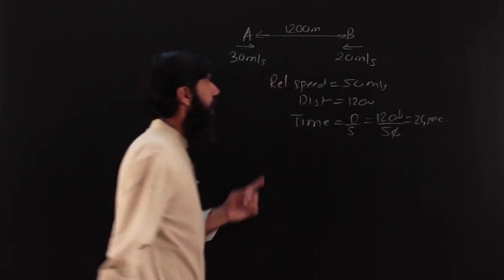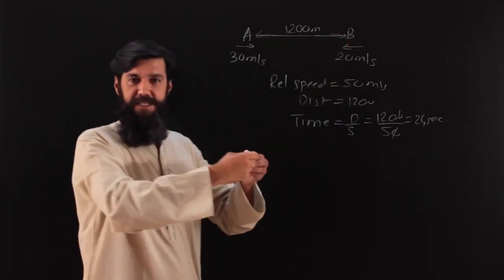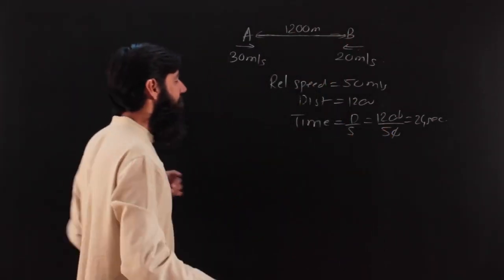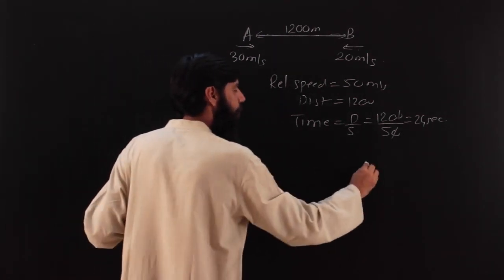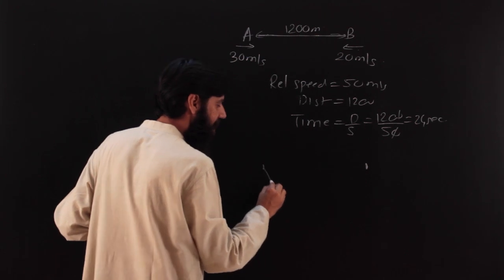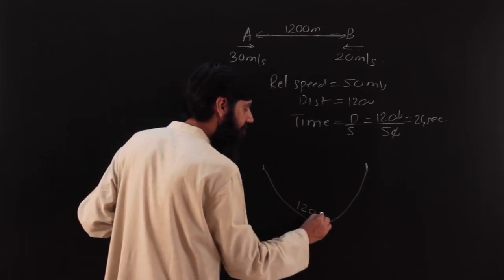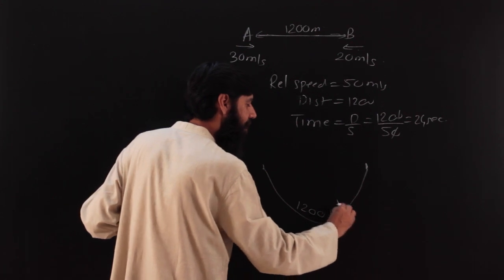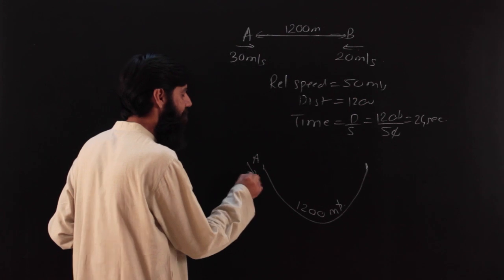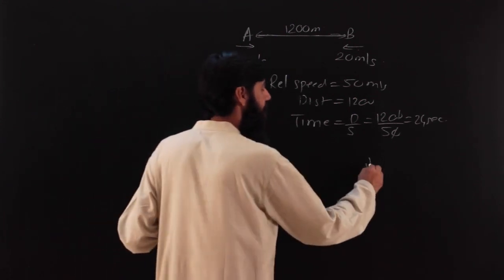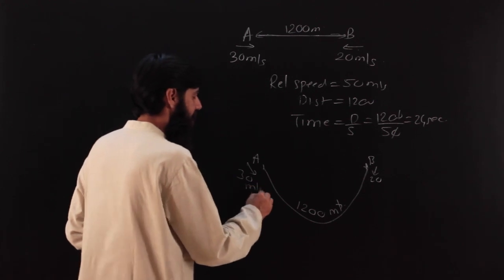It should be a straight question. Now, instead of them being separated by a straight road, what if I change that situation to them being at the same point, but the road that they travel is a little curved one. However, mark you, the length of the entire curved road is 1200 meters. Rest everything remains the same. A moves at a speed of 30, B moves at a speed of 20 towards each other. These are measures of speed.